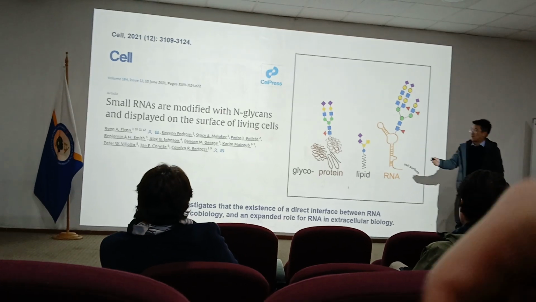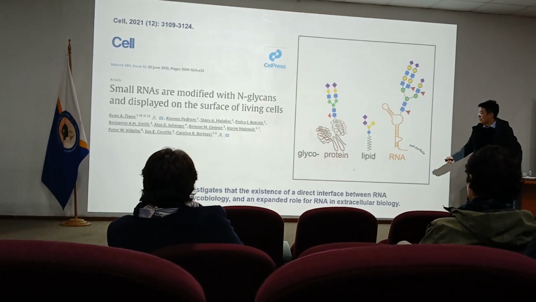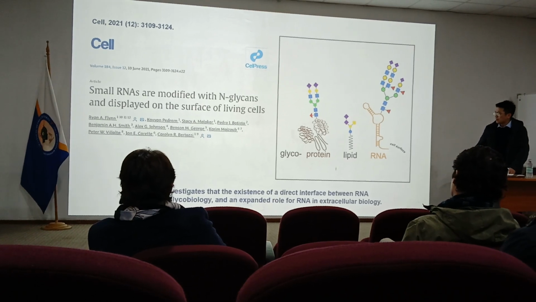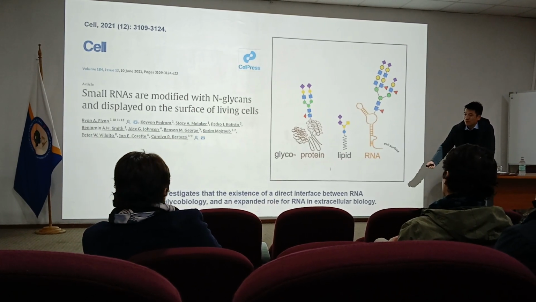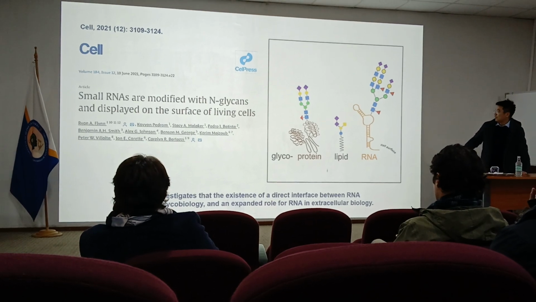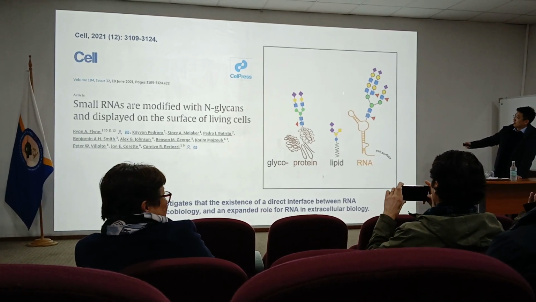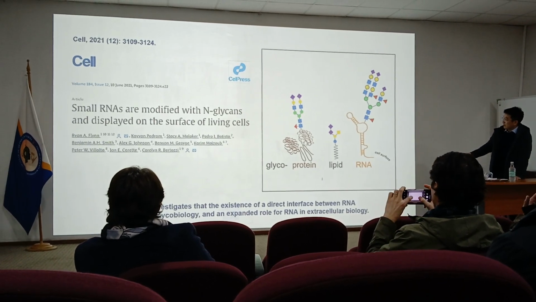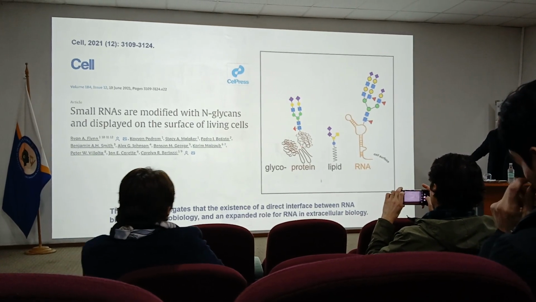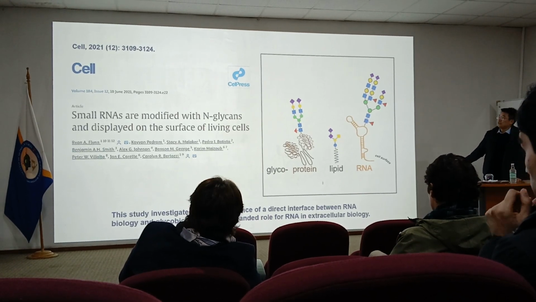At first, we thought glycosylation with glycan could only occur on protein. But in this paper by Bertozzi, the Nobel Prize winner, a female scientist, she found that RNA also has glycosylation. So glycosylation from protein and lipid to RNA is quite interesting.